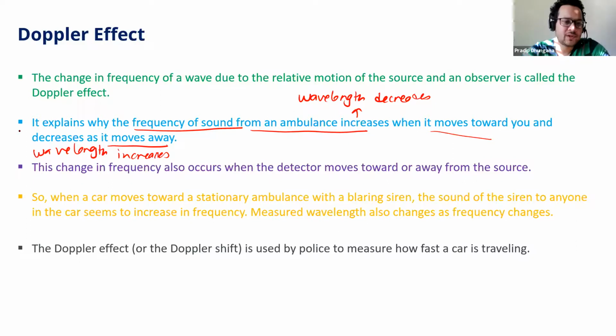The only thing you have to remember is this point, so you can write it: the frequency of sound wave increases when the ambulance or any source is moving towards you, and the wavelength decreases. When it moves away from you, frequency decreases and wavelength increases.